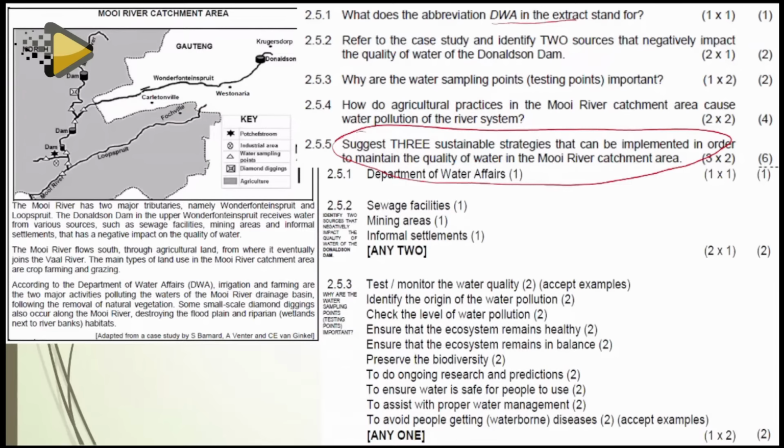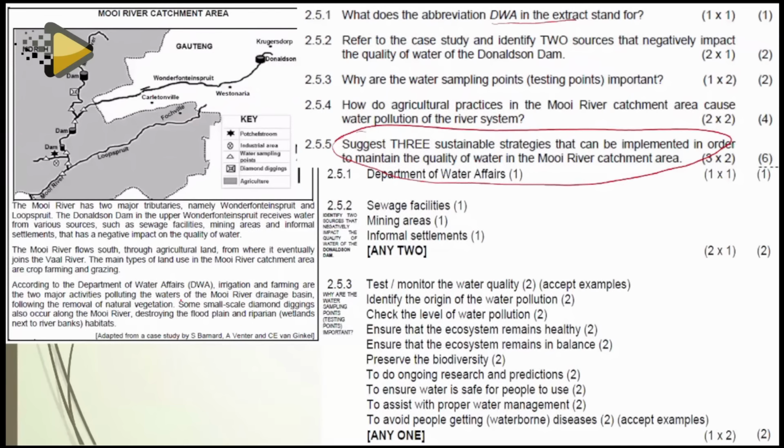DWA stands for Department of Water Affairs. Usually this comes in the form of an extract that you have to read. That extract can be an infographic, or it can be just one extract that you read from.